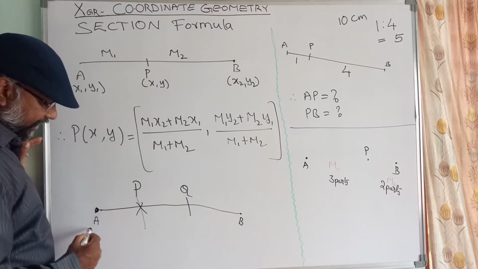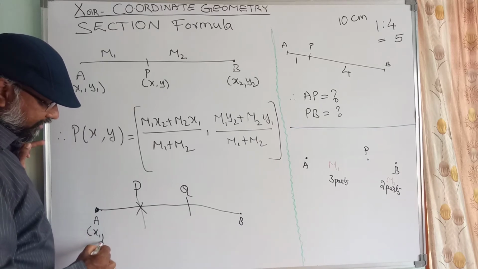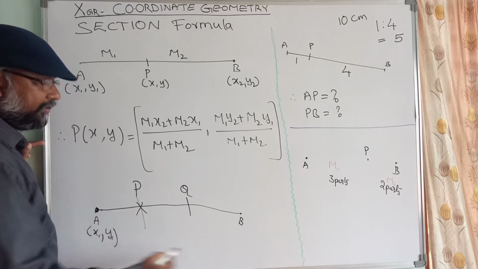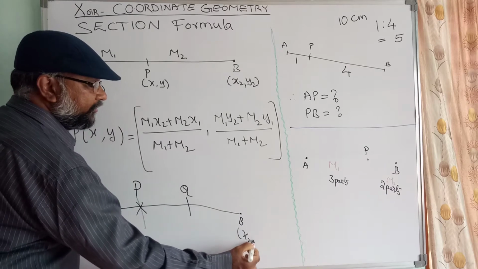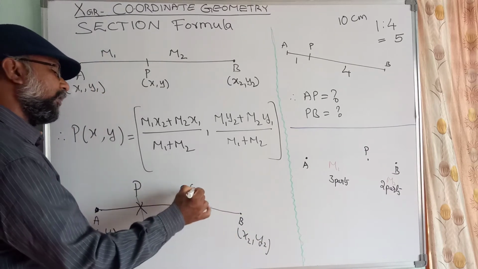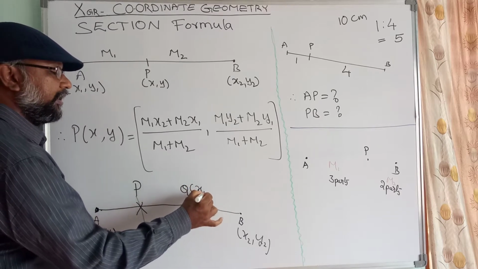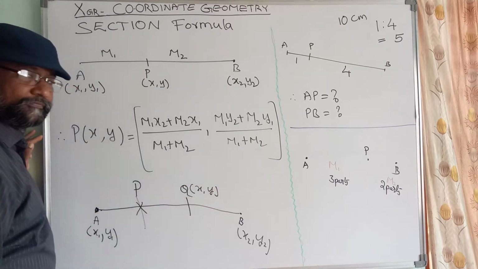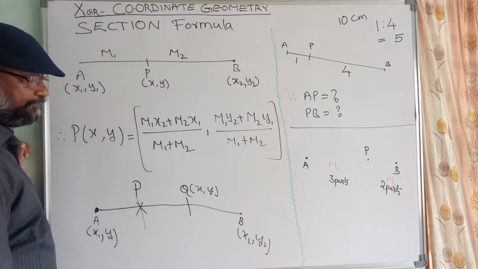Therefore, here we have a point (x1, y1), here we have another point (x2, y2), and here there is another point of separation (x, y). So we have 3 points.